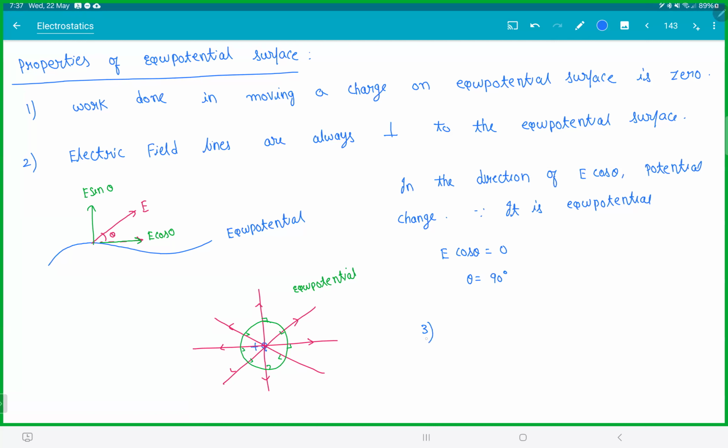The third point, equipotential surfaces do not cross each other. Same reason, again, you'll have two directions of field.